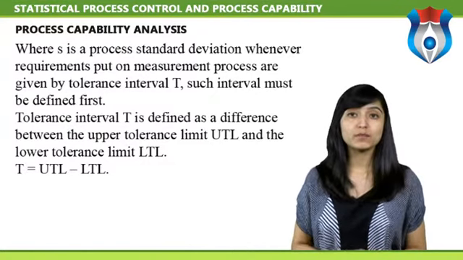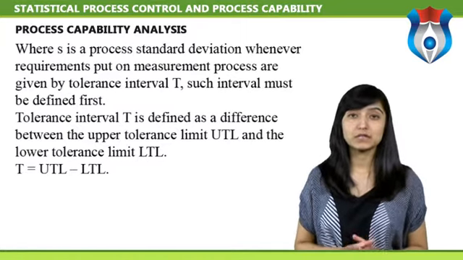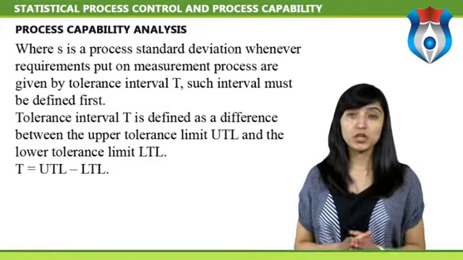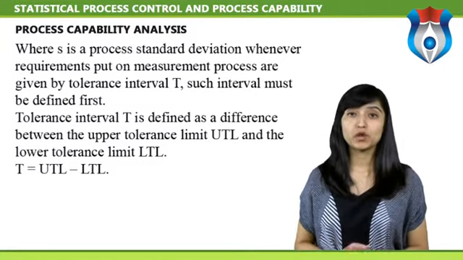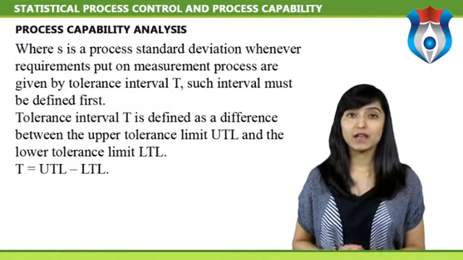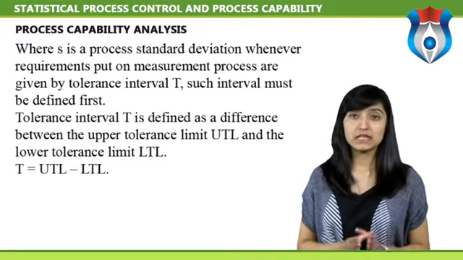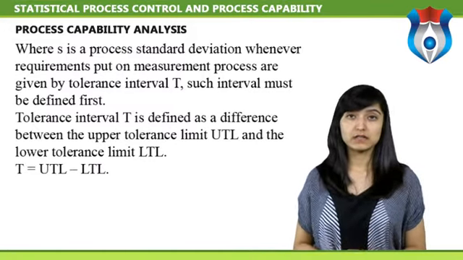Whenever requirements put on a measurement process are given by a tolerance interval T, such interval must be defined first. Tolerance interval T is defined as the difference between the upper tolerance limit UTL and the lower tolerance limit LTL. That means T is equal to UTL minus LTL.